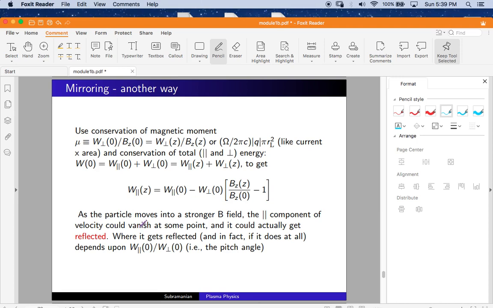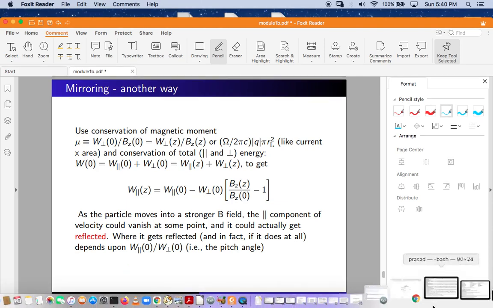Where it gets reflected, and if in fact it does get reflected at all, depends upon the ratio of this ratio. In other words, the pitch angle. You remember the pitch angle was given by the ratio, the pitch angle was just this.